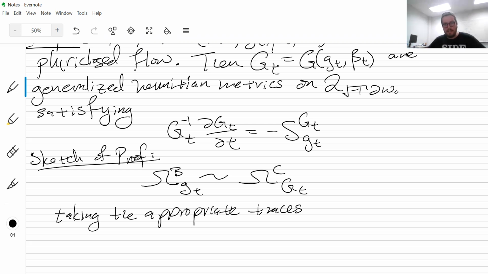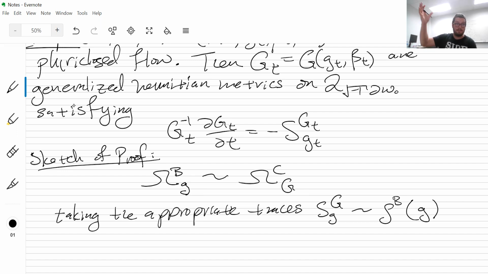You end up getting that SGG is completely determined by rho Bismuth of G, right? I guess this is true without even the flow being present. So I don't really need that. Okay. And if you compute through everything, right? If you differentiate this G, written out by the formula we had before, you'll get exactly negative SGG, where this comes from Bismuth's identity.